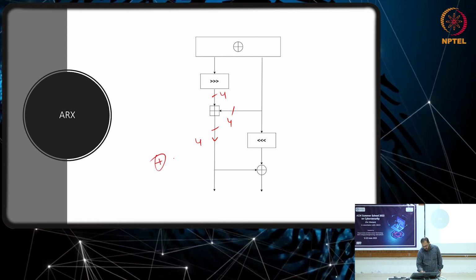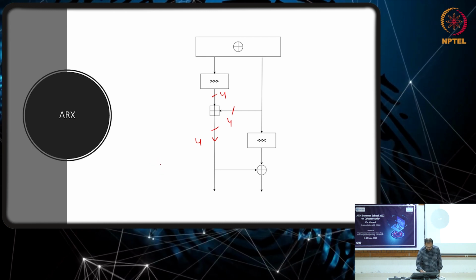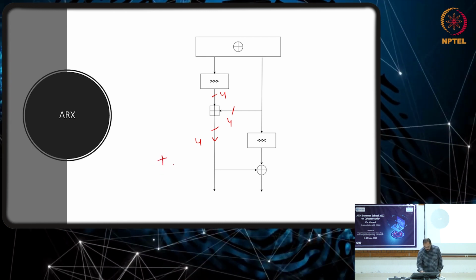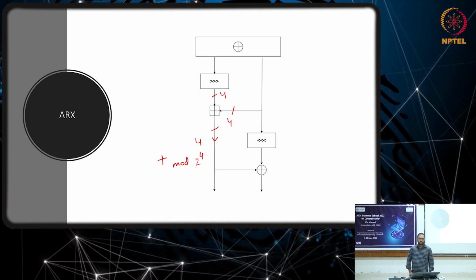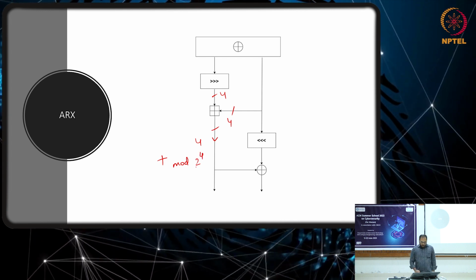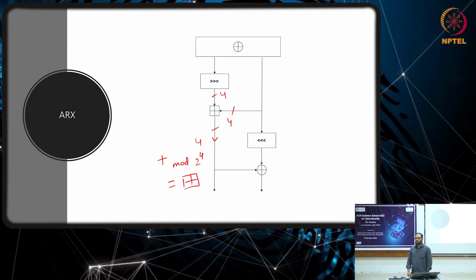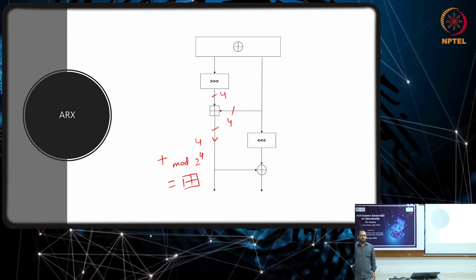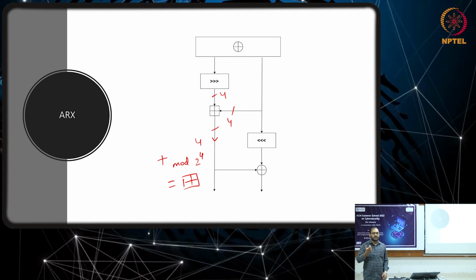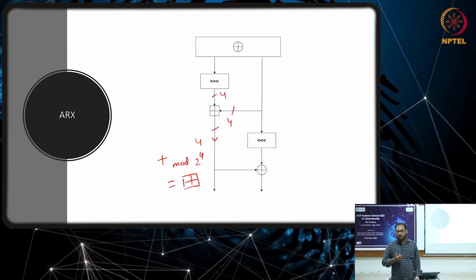Not XOR, sorry. Addition mod 2 to the power 4. This is represented as this symbol. Mod 2 to the power 4 means it will be giving a remainder of 4 bit only. What is 2 to the power 4? 16.